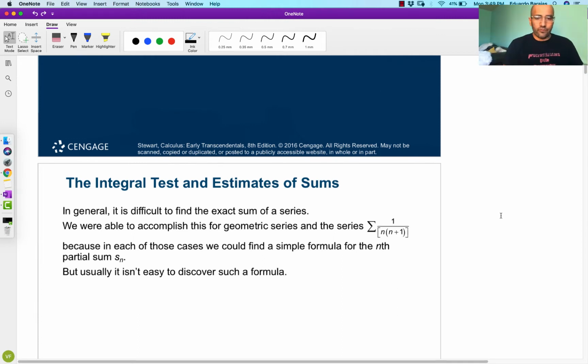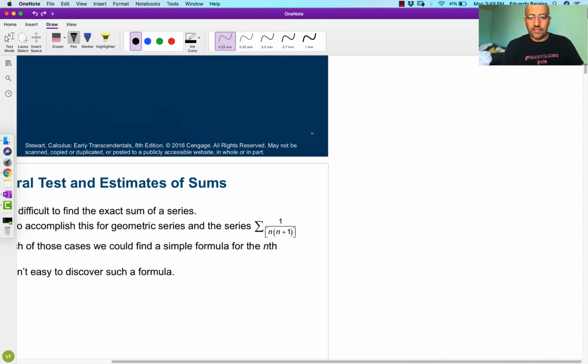Just to refresh your memory, we just finished going over this section where something that fits a geometric series looked like this. A geometric series was something that fit the form of a r to the n minus 1 power as n ranges from 1 to infinity.